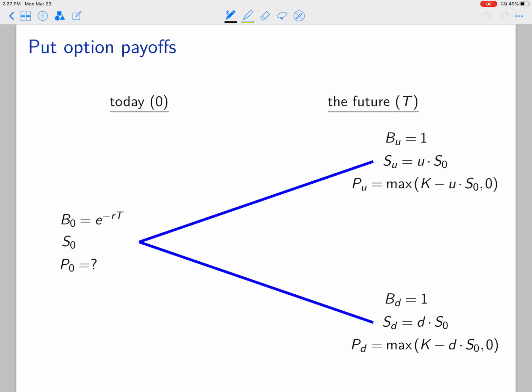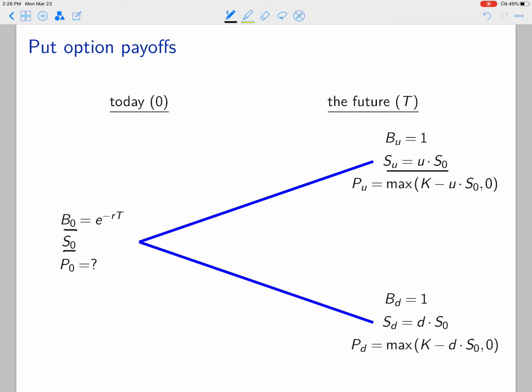Originally, we had just two assets, the stock and the bond. The stock had a price of S0 today, and the stock's payoff depended on the state of the world at date capital T. In the upstate, the stock's payoff was S sub U. Okay, this was given by the gross rate of return U times today's price S0.